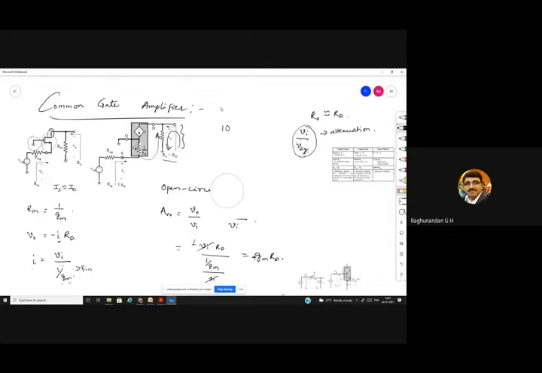In order to find this, we are going to again apply the voltage divider formula. From the voltage divider formula, Vi is equal to the voltage from the signal generator, through which the signal is passed, into Rin divided by Rin plus R signal. Vi is the voltage which is across the source.